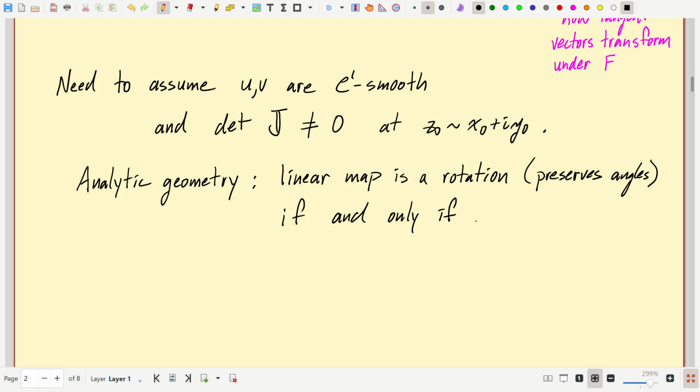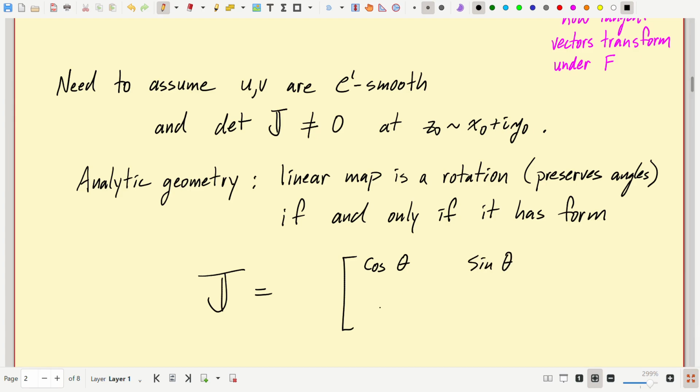It has the form: the Jacobian matrix has to look like cosine theta, sine theta, minus sine theta, cosine theta, times a factor.